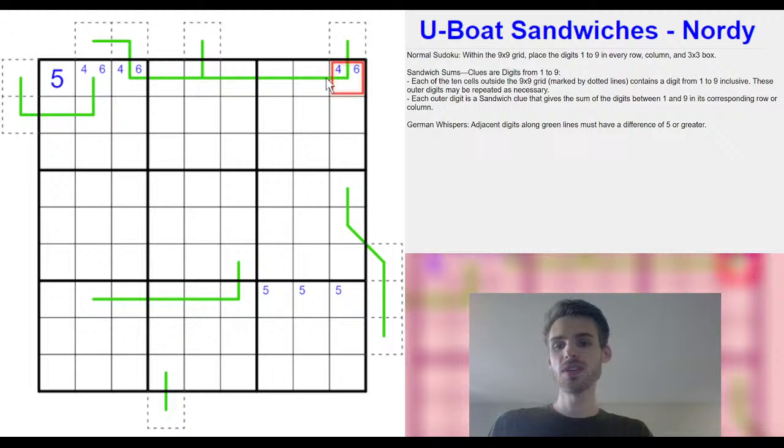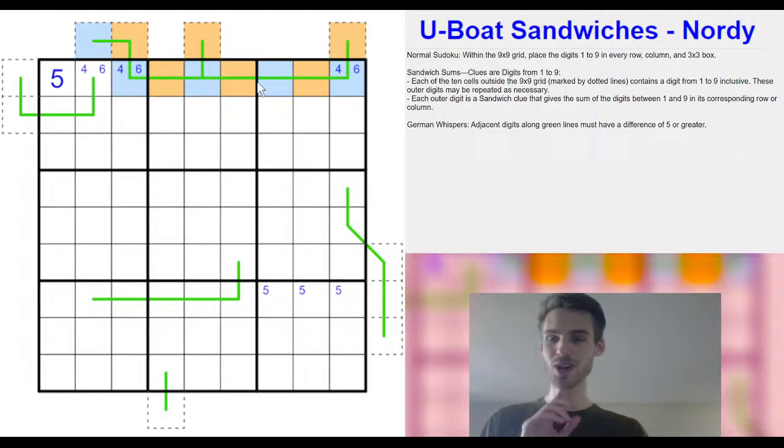So let's think about this one. If this one was a 4, this would be low, high, low, high, low, high, low. So if this is low, then this is low. We can color this in blues and oranges to represent highs and lows.